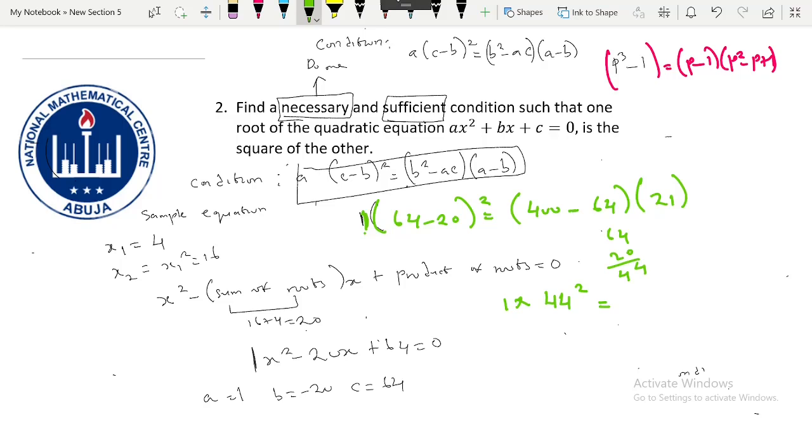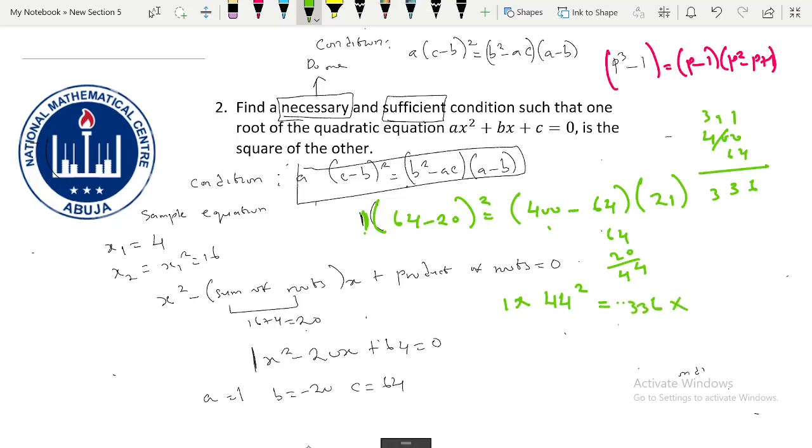Let's see. Where is the error coming from? So this is A times C minus B squared. B squared is 400 minus A times C minus 64. 400 minus 64 is 336.